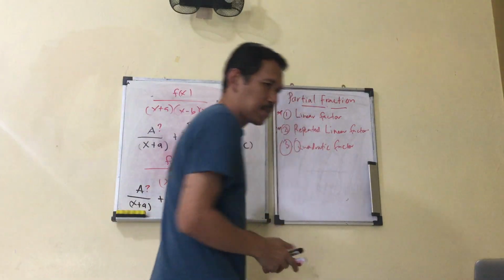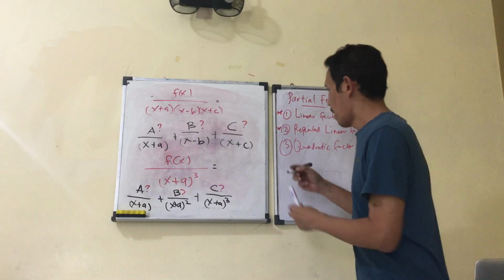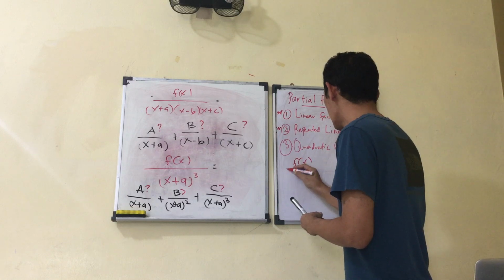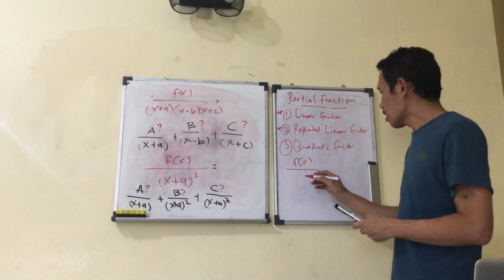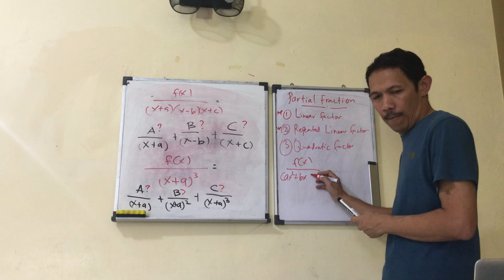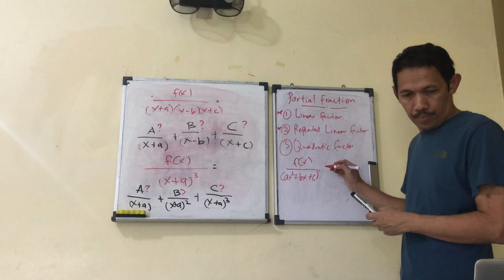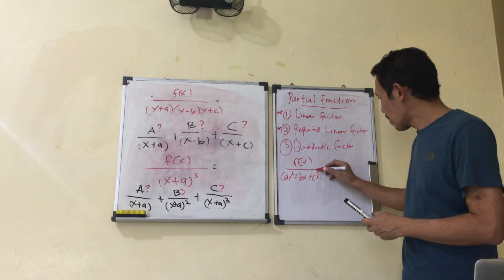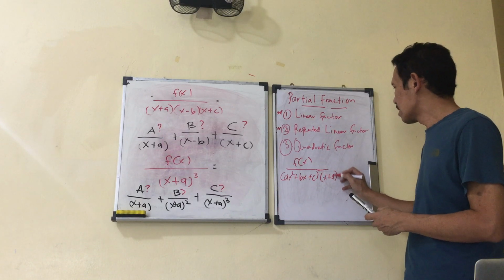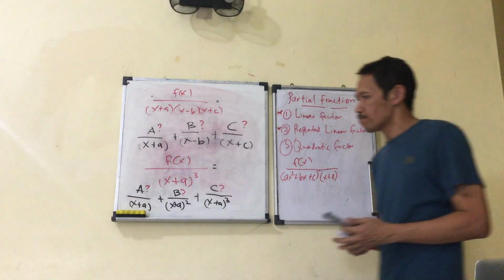In terms of quadratic factor, you will see that the denominator will be in the form of ax squared plus bx plus c, and then there's another factor here, x plus d. Let's say this is your denominator of an expression of the partial fraction.